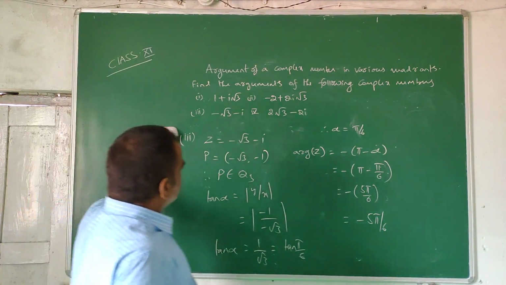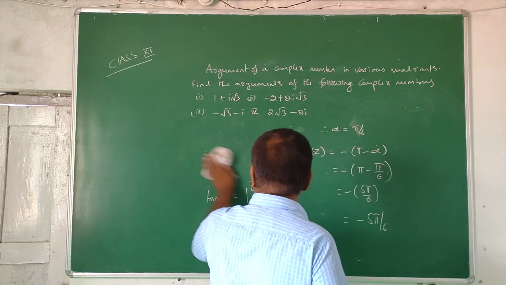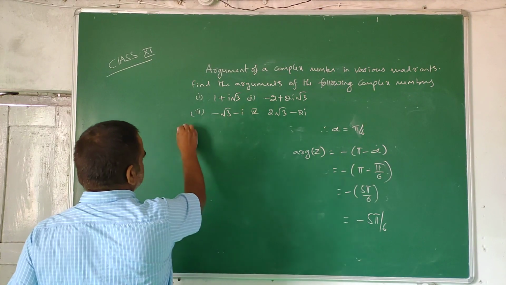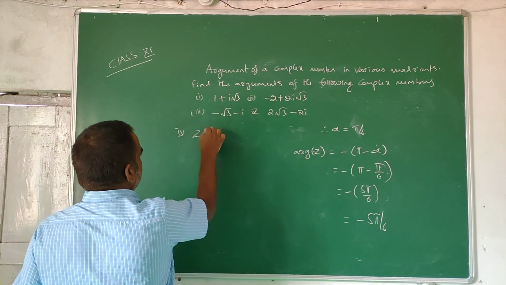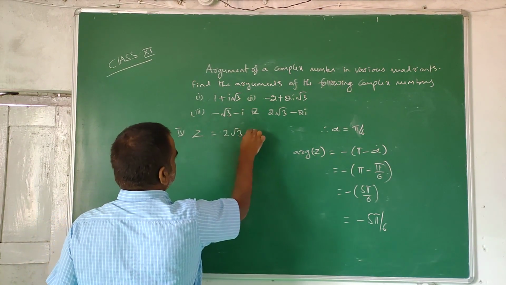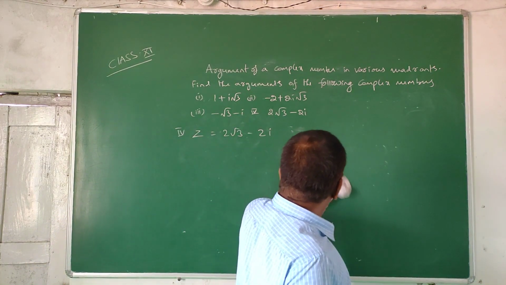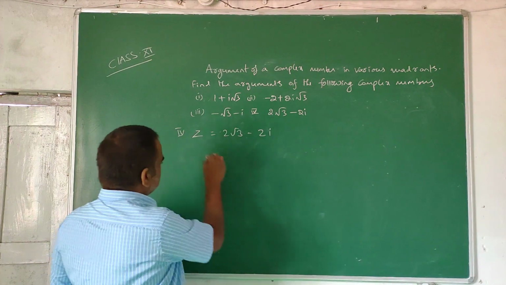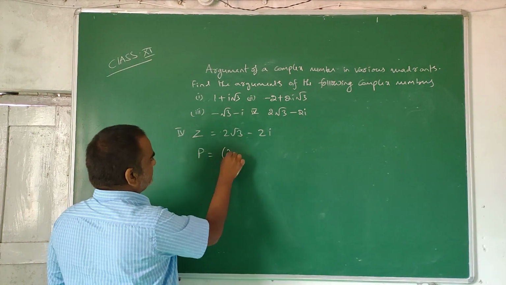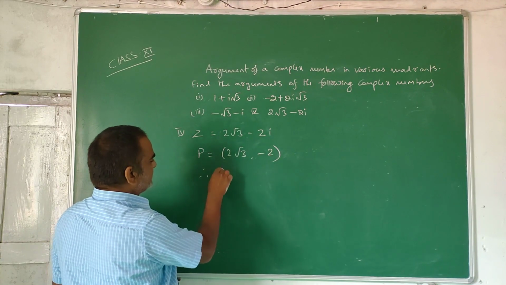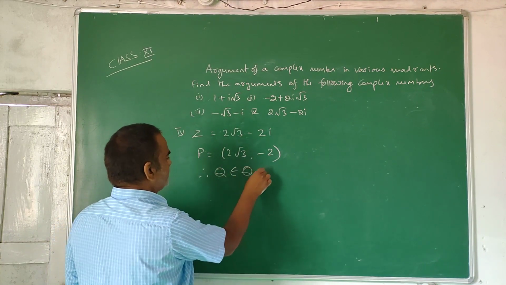And last, the fourth one. Z is equal to 2 root 3 minus 2i. This represents the point (2 root 3, minus 2). Therefore it is plus minus, so it is in Q4.